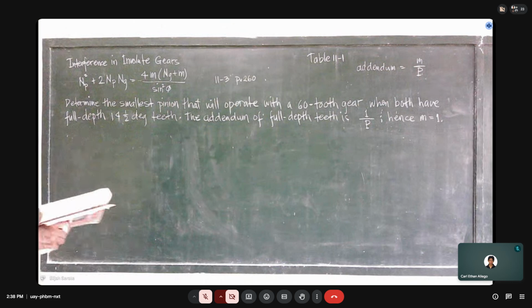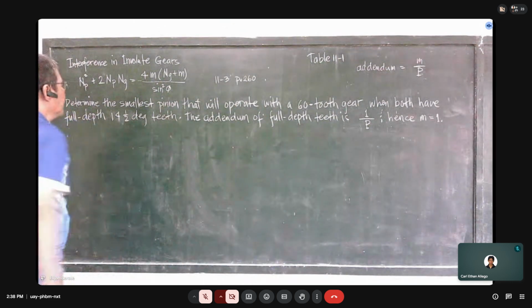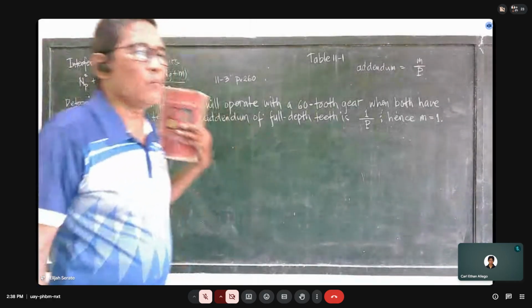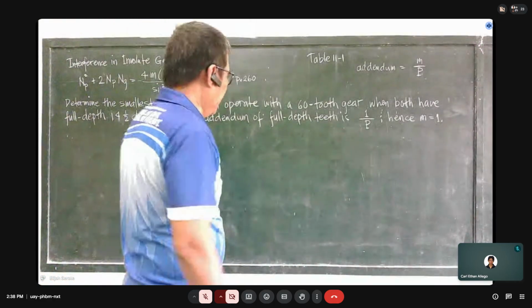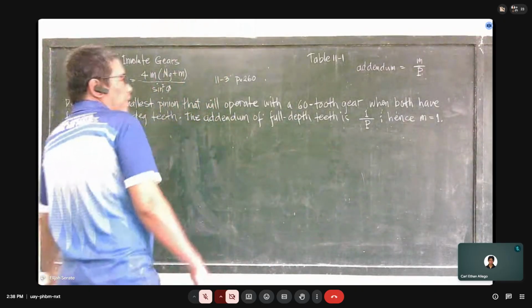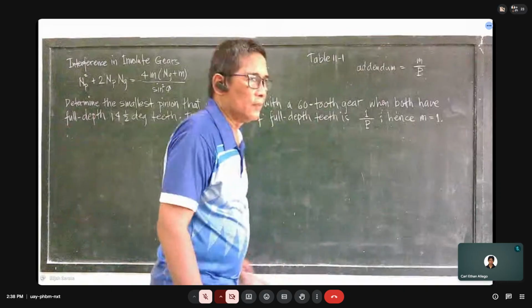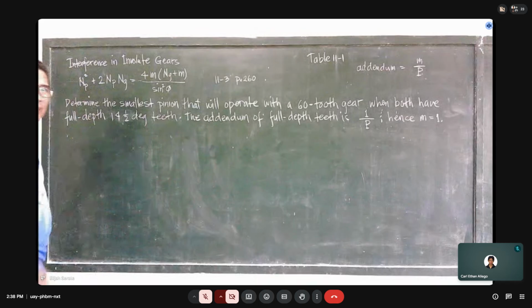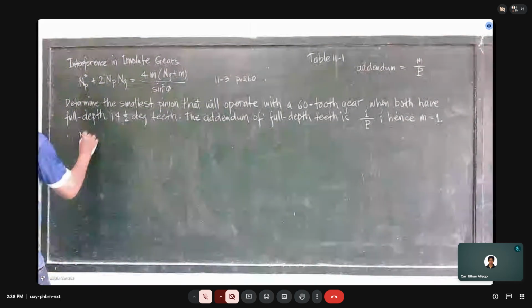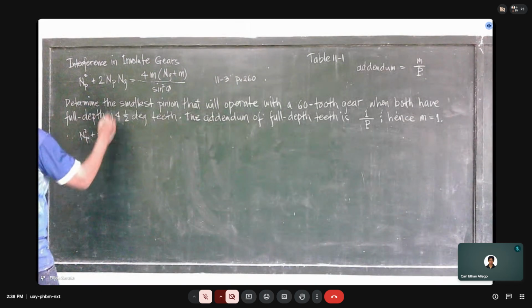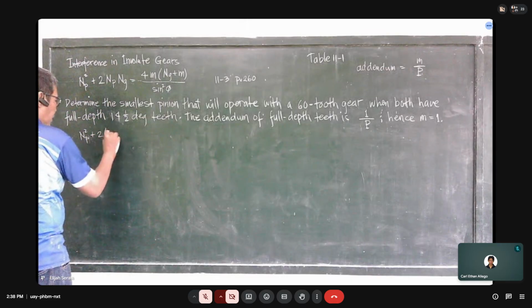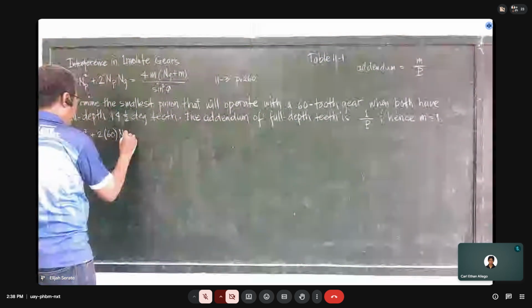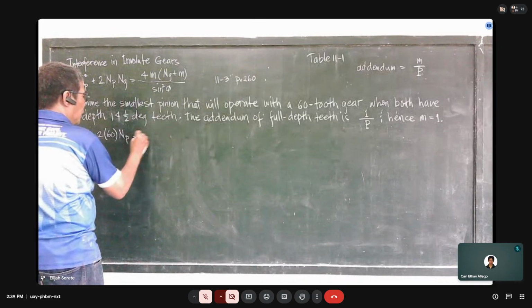Okay, so if we try to look at this problem, you are going to determine the smallest number of teeth of the pinion if it is paired with a 60-tooth gear. So the number of teeth of the pinion squared plus 2 times number of teeth of the pinion, number of teeth of the gear is 60, equals 4.